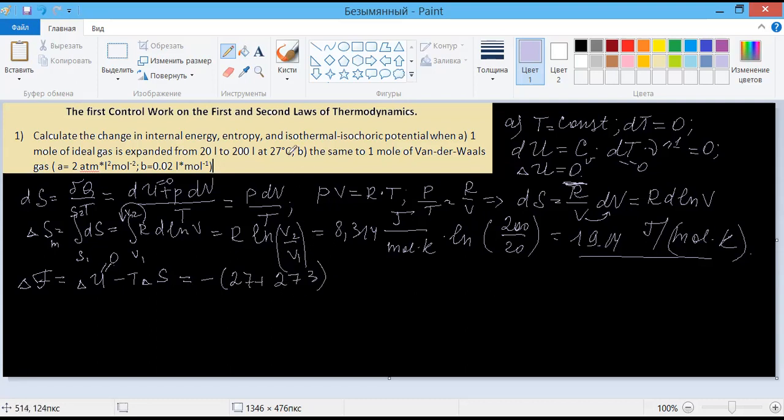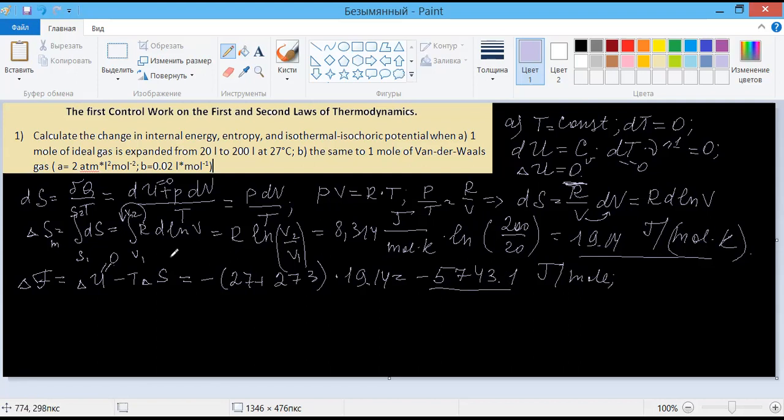So we transform Celsius into kelvins, and we multiply by 19.14, and finally we'll get minus 5,743.1 joules per mole.